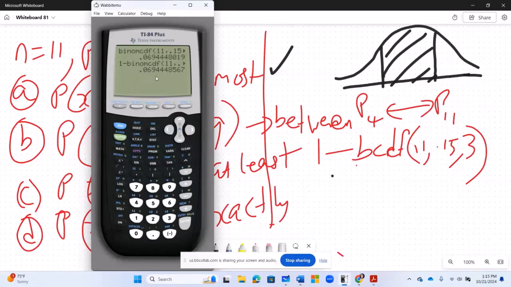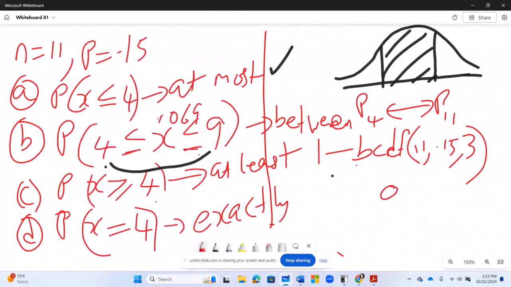So I just found the area from 4 to 11. So the area is 0.069. The area from 4 to 11 is 0.069.